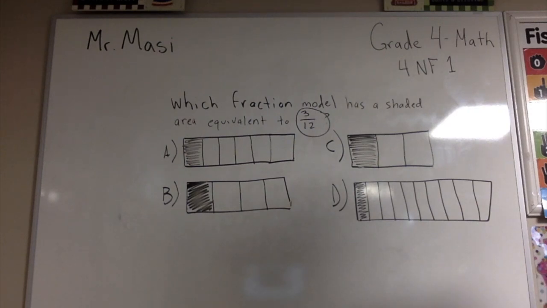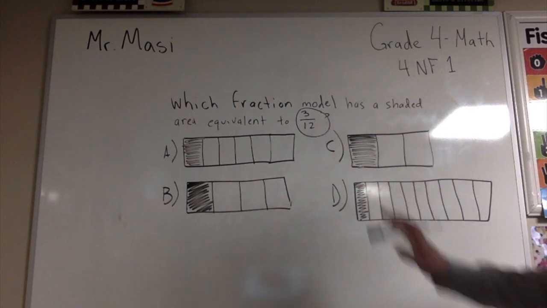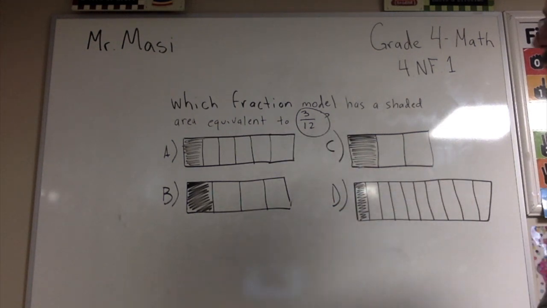And my first option is, okay, let me look at A, B, C, and D. And do I have 3 areas that are shaded out of 12 boxes? As you can see, no, I don't. So then that means I have to reduce this fraction into one of which of these might make sense. So let's try this out.